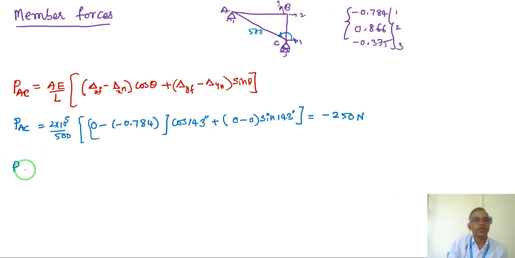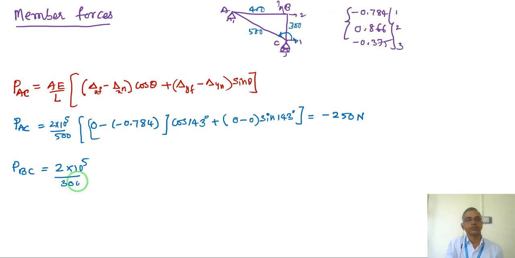Similarly, PBC: 2 into 10 power of 5 by length of the member BC is 300, this was 400 by 300, into displacement, and again I will take C as a near joint, B as a far joint.